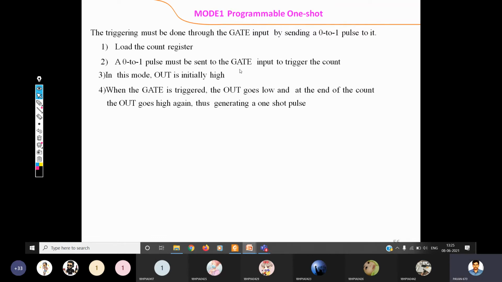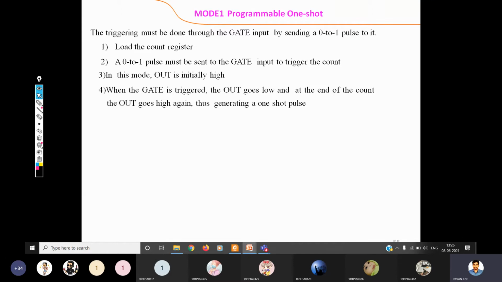The triggering must be done through the gate input by sending a 0 to 1 transition. When that happens, only then does the counting operation start. So the gate signal does not need to be on continuously, but it needs to provide a trigger to initiate the operation.